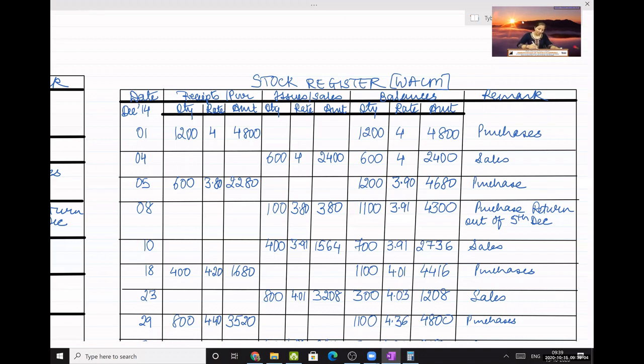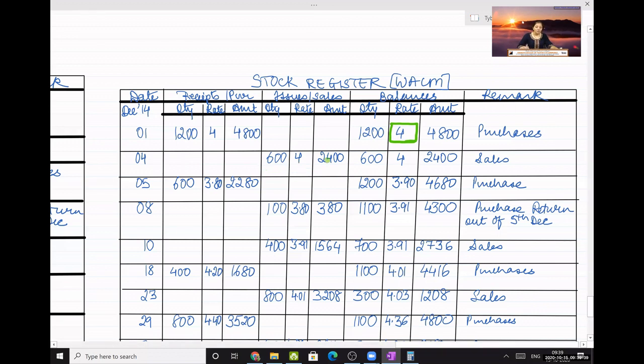Purchase 1,200. Then balance column. Okay. Next, there is a sale on 4th. So this 4 rupees is my weighted average cost. Right? So I will sell at this cost, the weighted average price.